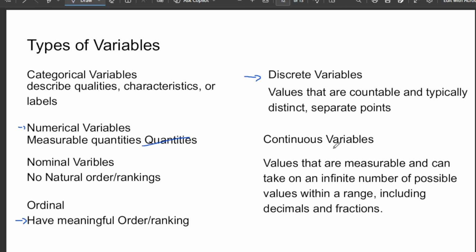Continuous variables are values that are measurable and can take on an infinite number of possible values within a range, including decimals and fractions. An example is the exact time of running a marathon, and another example is body temperature over time. That's continuous variables.